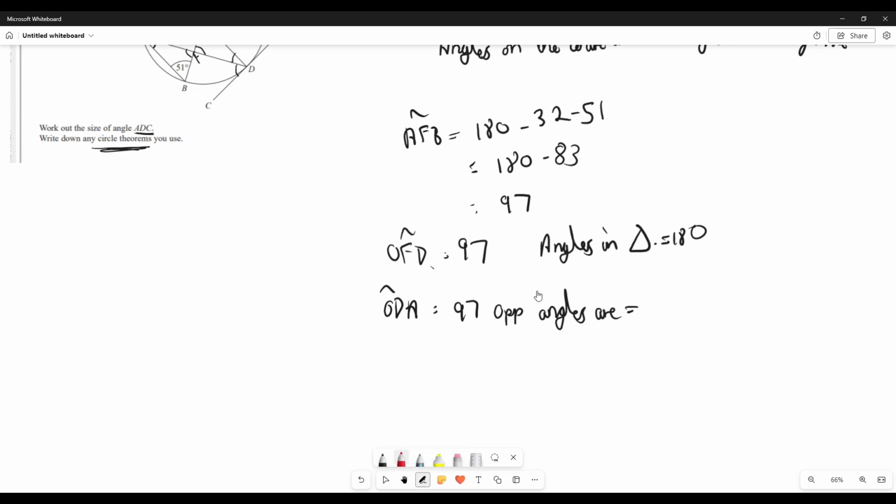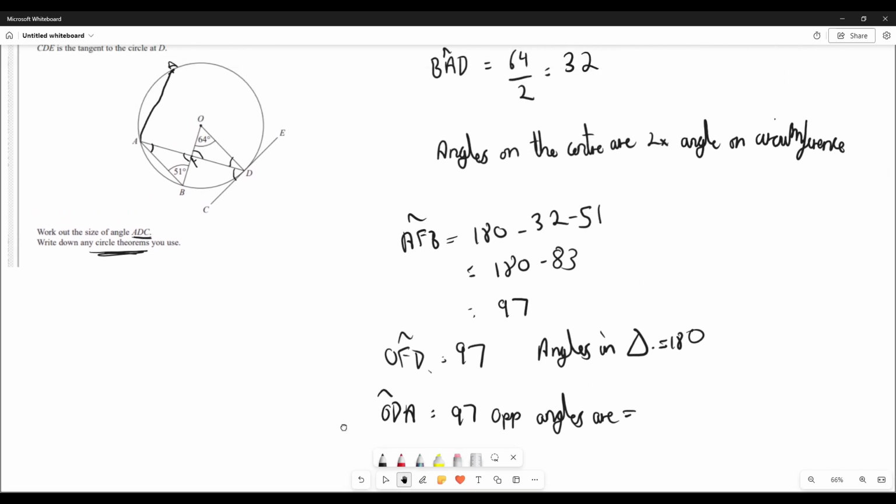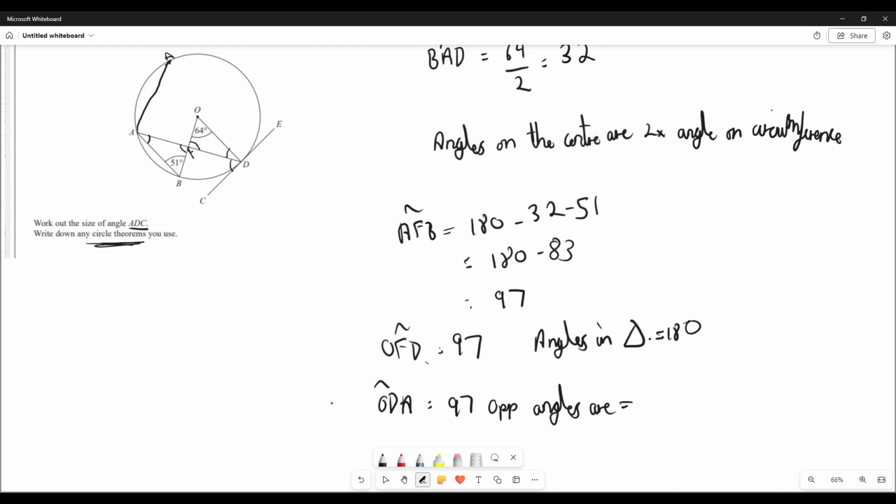So now we simply look at this, and we just need to find the last angle of the triangle. So ODA equals 180 minus 64 minus the 97 we had down there, which is the same as 180 minus 161. So this would equal 19 degrees.